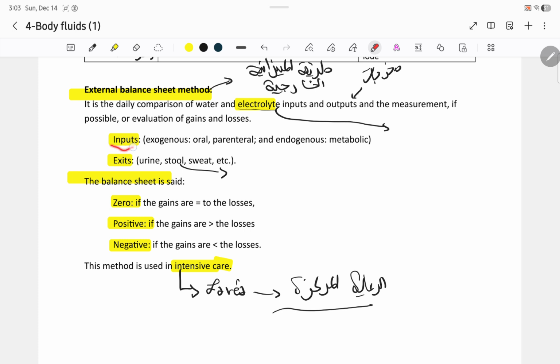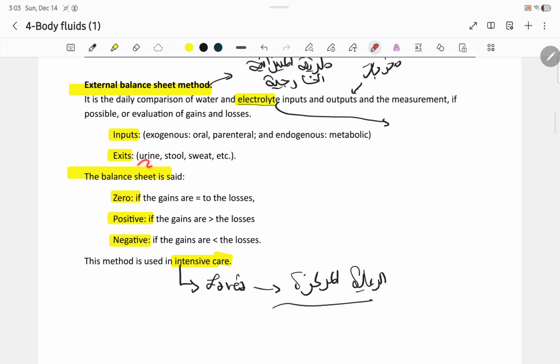For example, here we have the input: the exogenous, oral, parenteral, endogenous. The exit, or the outputs, are the urine, the stool, and the sweat. All of them represent the amount of water which exits the body.